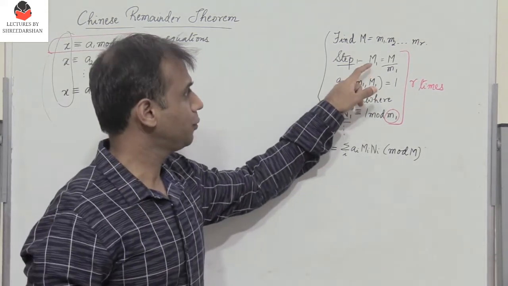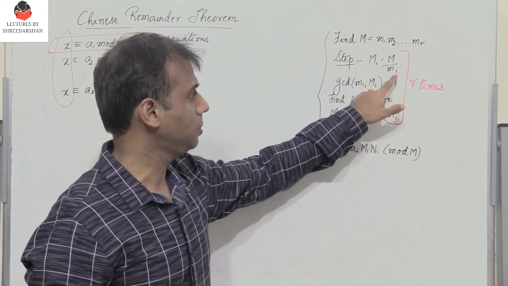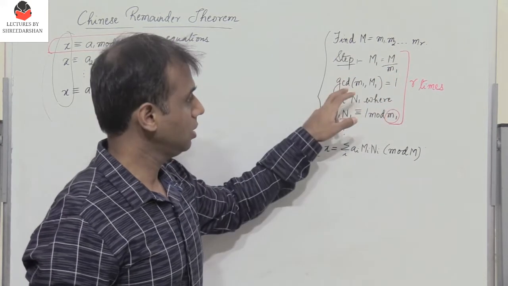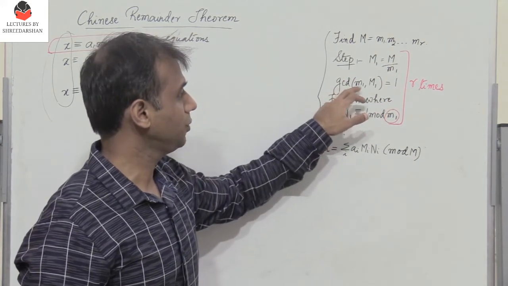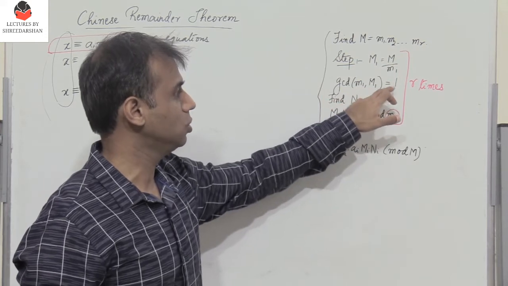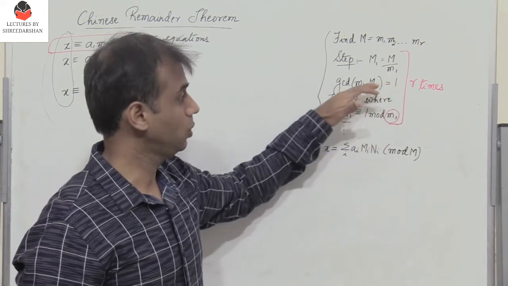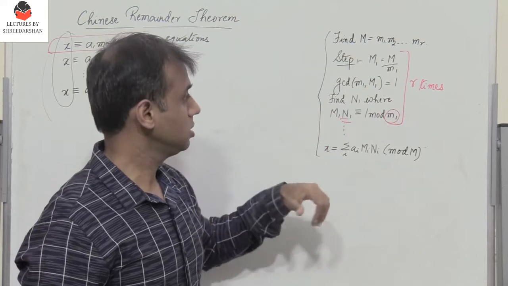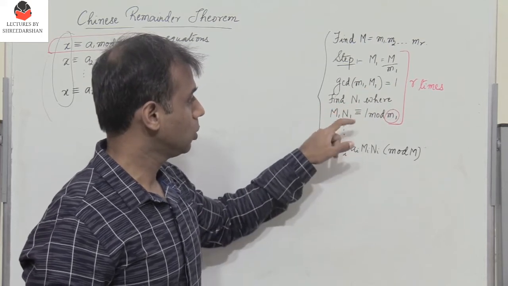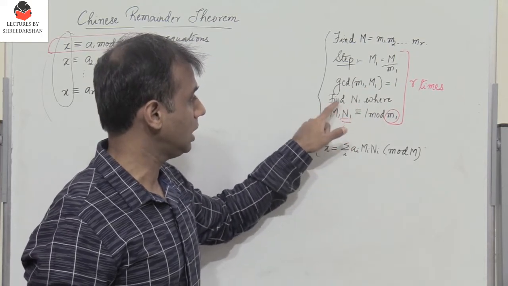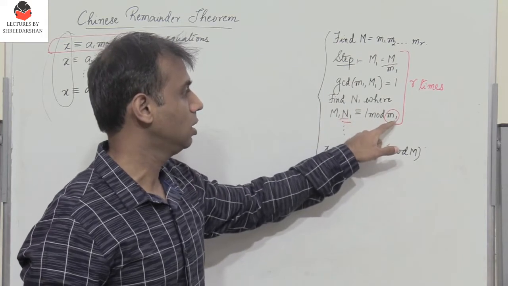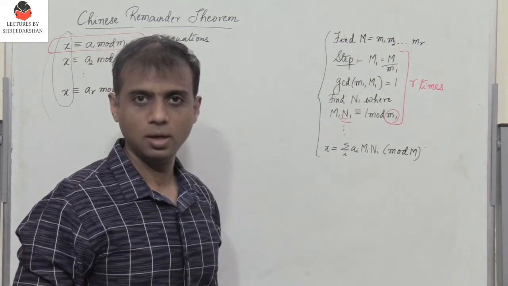There you find M2, which is equal to capital M divided by m2, and again you observe that the GCD of M2 and m2 is equal to 1. We have to verify this, and then you find n2, where n2 should be the inverse of M2 in mod m2, and so on.